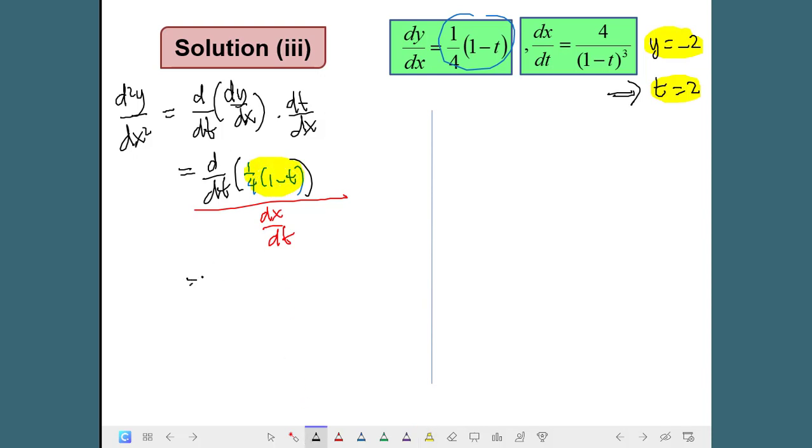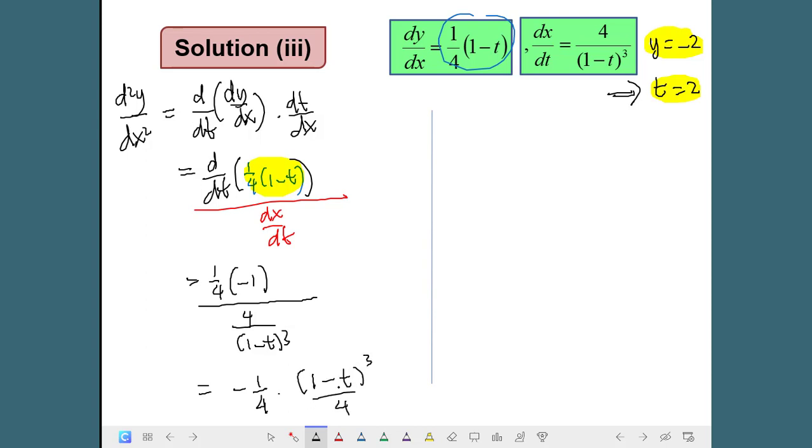So 1 over 4, differentiate 1, a constant, gives 0, differentiate negative t gives negative 1, times 1 over dx/dt, and dx/dt is 4 over (1 minus t) cubed. Simplify: negative 1 over 4 times (1 minus t) cubed over 4, and simplify to 1 over 16 times (1 minus t).